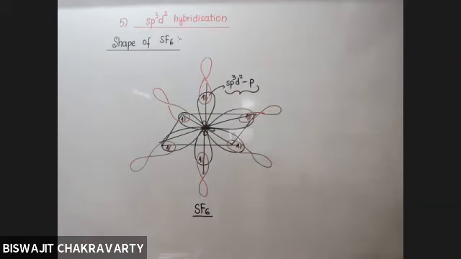It's not s, it's sp3d2 p, because fluorine will be utilizing its p orbital. Only hydrogen utilizes the s orbital. So all the 6 sigma bonds that are produced are sp3d2 p sigma bonds. I hope this much is clear to all of you.